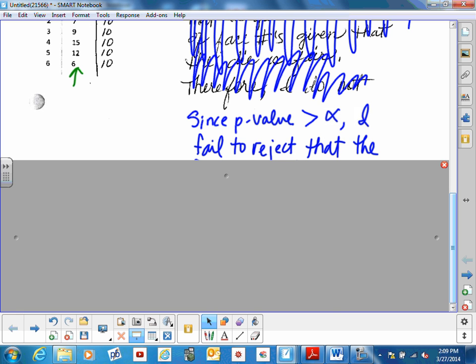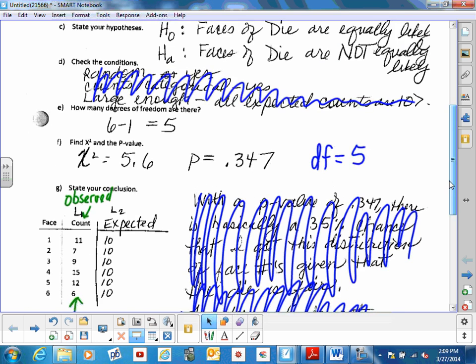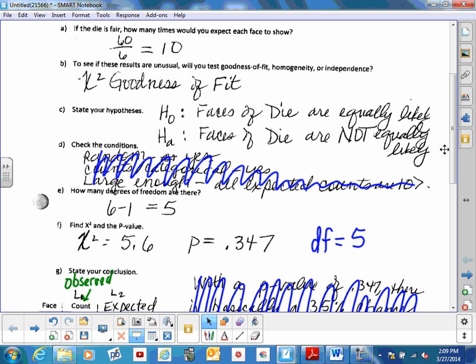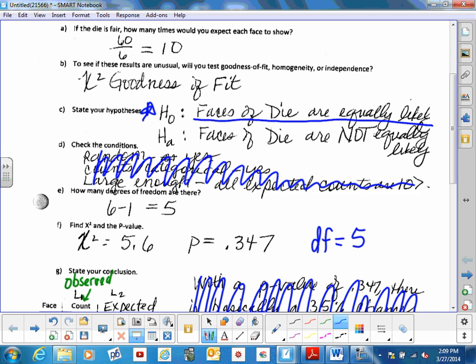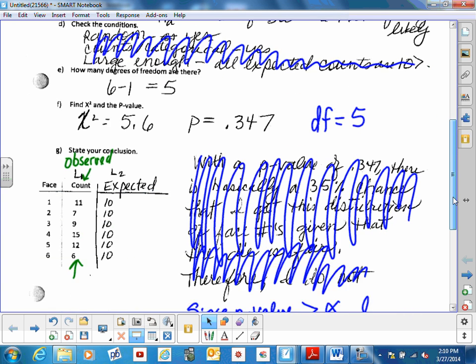And so you're restating that null hypothesis, which says here, I am not rejecting that the faces of the die are equally likely. I do not have evidence to reject or dispute the die's fairness. Okay, so I'm not rejecting that they are equally likely. They could be equally likely is what I'm saying.